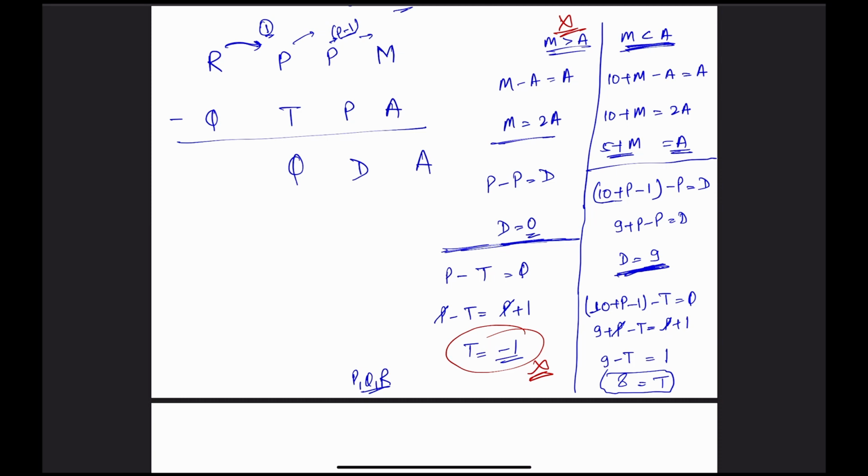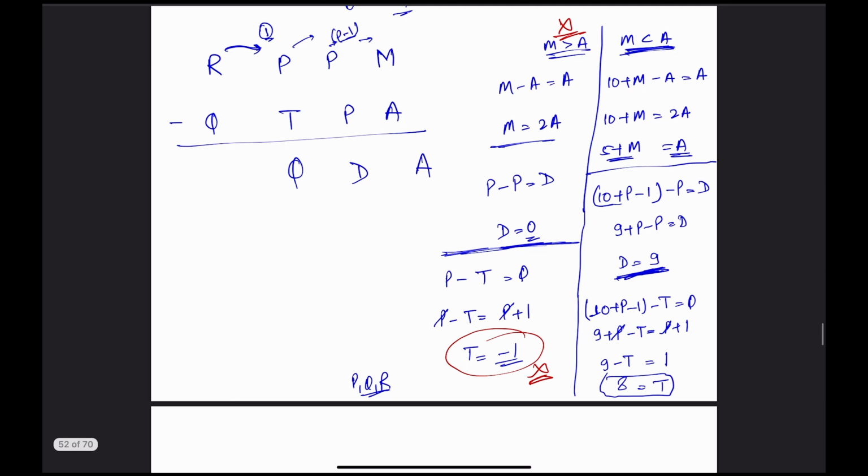Have I made any mistake? 10 plus P, I am taking everywhere minus 1, minus T equal to Q. So 10 minus 1 is 9. 9 plus P minus T equal to again P plus 1. P will go, 9 minus 1 equal to 1.